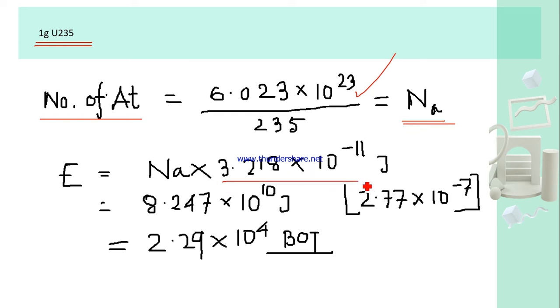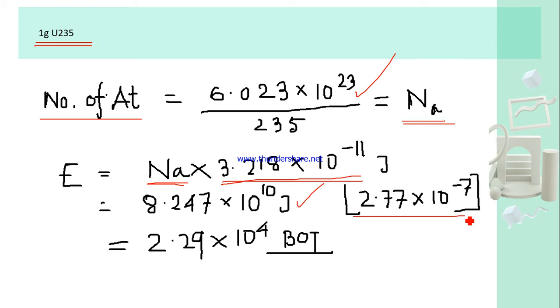Each nucleus, as we already calculated, produces this much joule of energy. So this many nuclei will produce 8.247 into 10 to the power 10 joule of energy. So it's a huge energy.